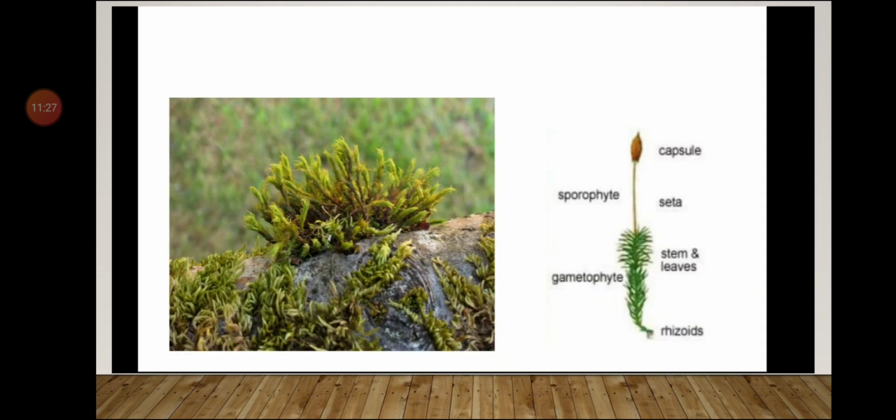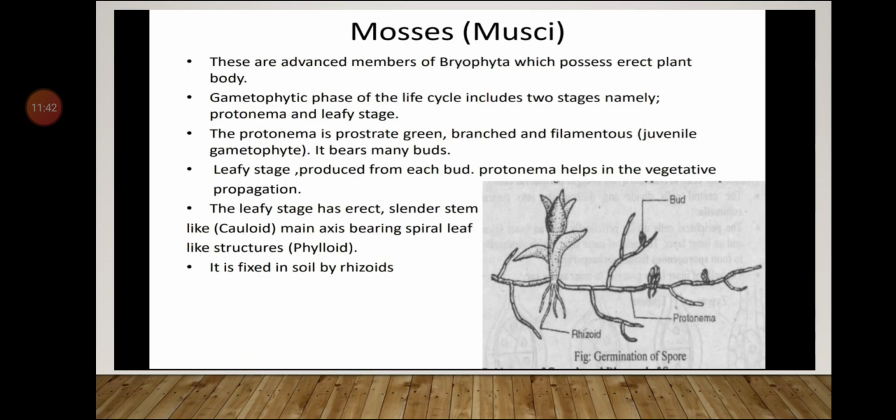Prostrate means flat, and filamentous means thread-like structures. At its juvenile stage, the young gametophyte bears many buds on it.